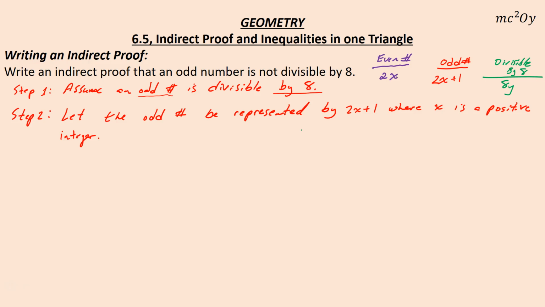So what we know now is if a number is divisible by 8, 8y, y would give us an integer, and if a number is odd, then x would give us a positive integer.